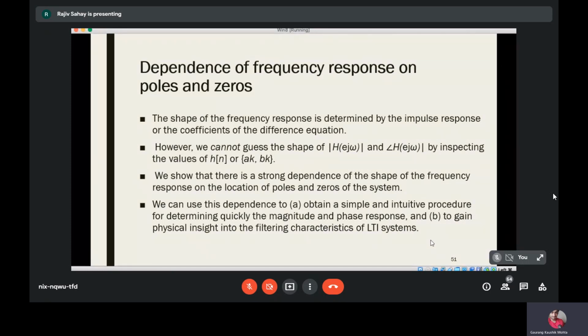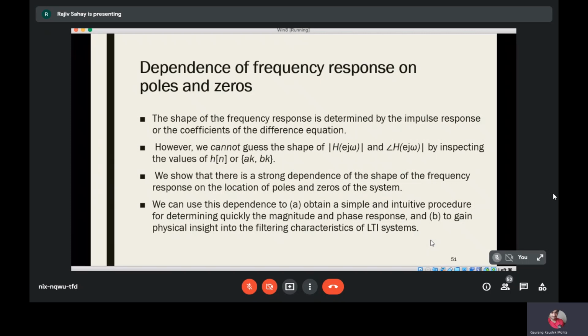That is, we can start to design filters by placing poles and zeros ourselves. We can choose a particular location of the poles and zeros, and how many poles and zeros should be there in the system function, and tailor the frequency response magnitude and phase response to our liking.